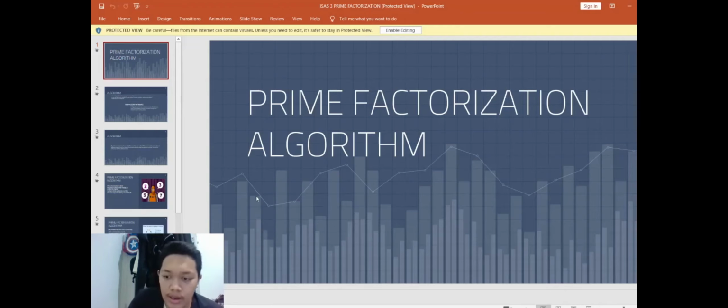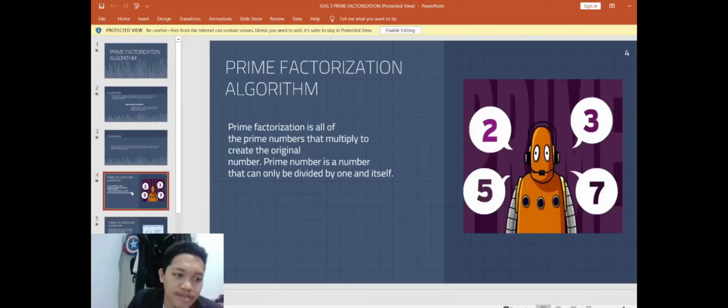Okay, we can go to the next step, the prime factorization algorithm. We can see in this slide what the prime factorization algorithm is.